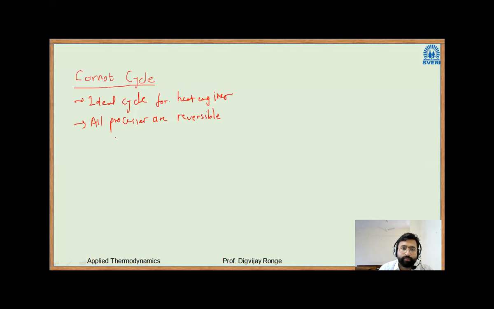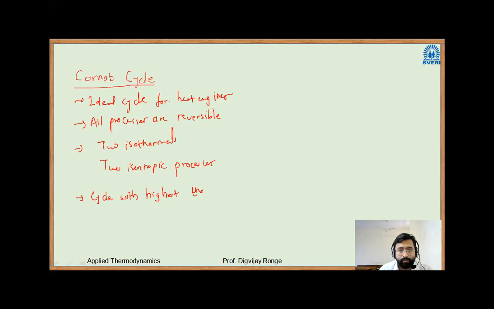It has two isothermal processes and two isentropic processes. It is the cycle with the highest thermal efficiency.